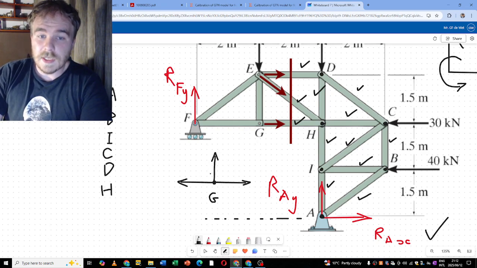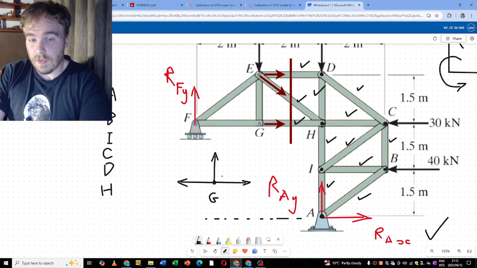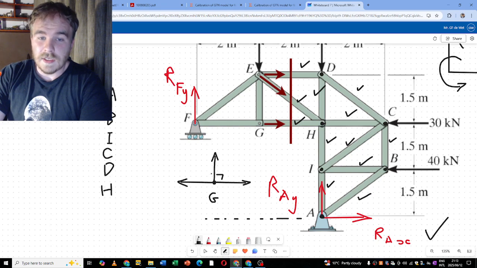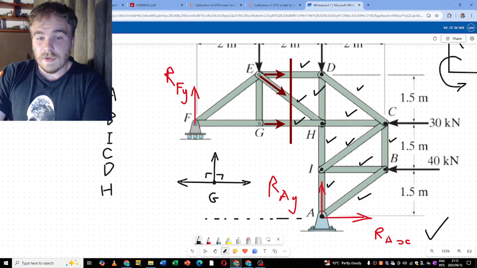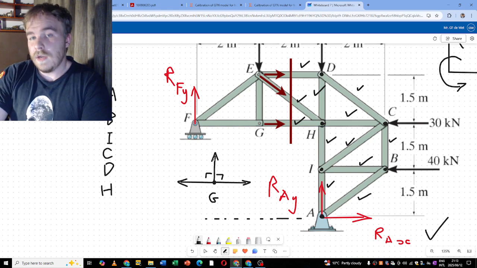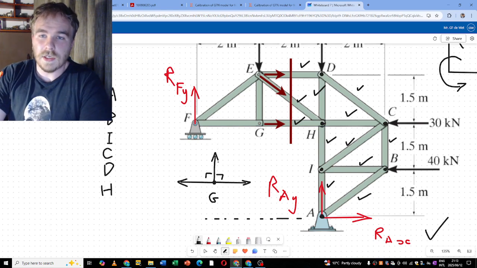So this needs to be true, and this needs to be in equilibrium. The problem is that EG is 90 degrees away from both GF and GH. So these 2 forces have no impact on EG. So EG is the only force acting in the Y direction.